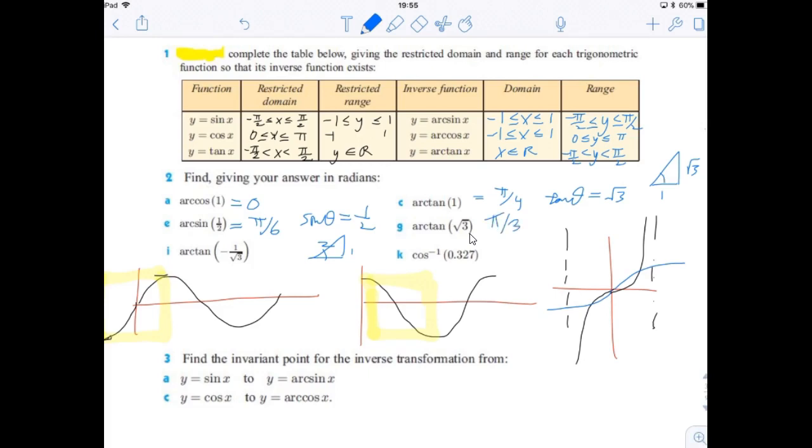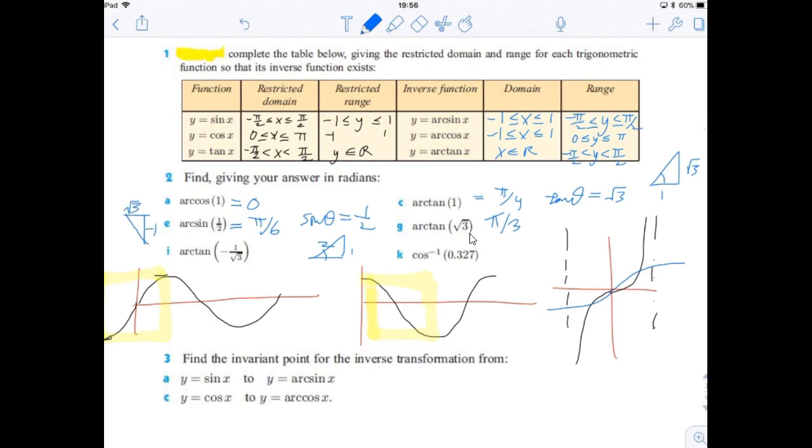Okay, and then finally, arctangent of negative 1 over square root of 3. So if I was to draw that triangle, that would be an angle whose tangent is negative 1 over square root of 3. Let's see, that could be, for example, opposite over adjacent, negative 1 over square root of 3.